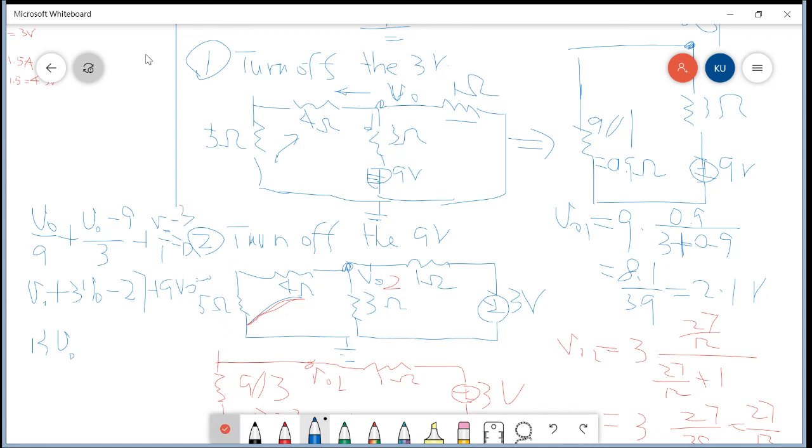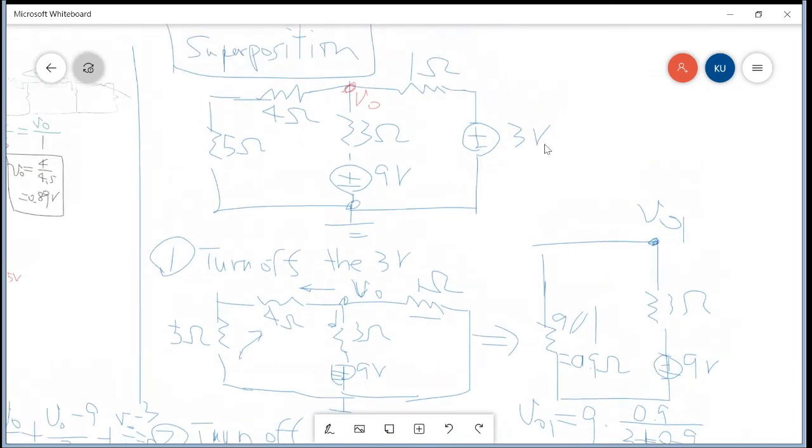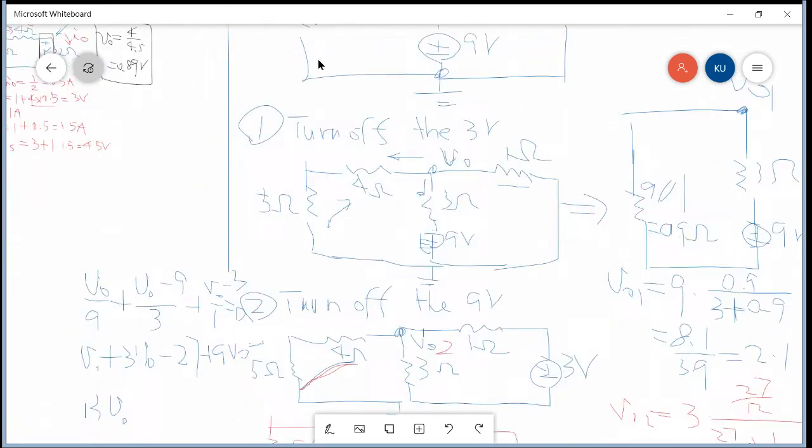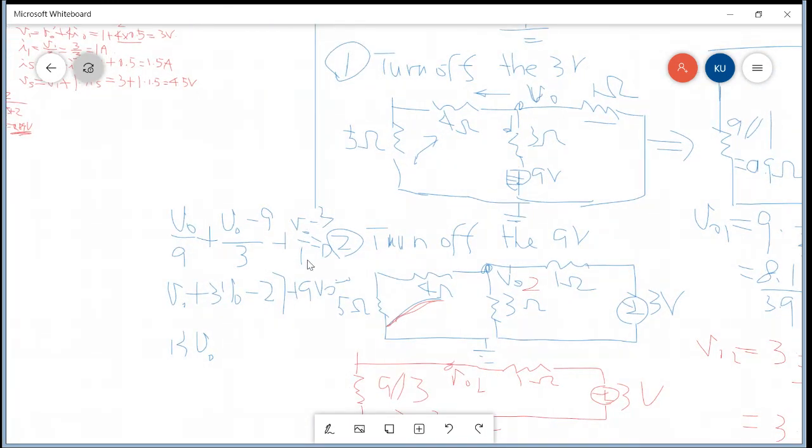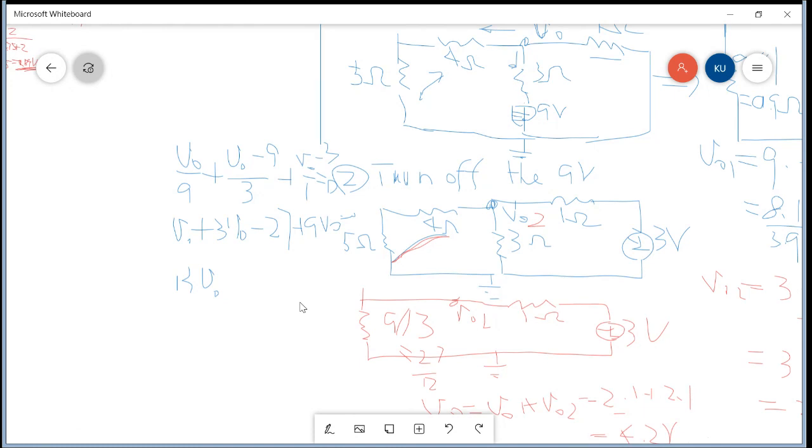The original circuit should be this one. So I should still have minus 27 here.